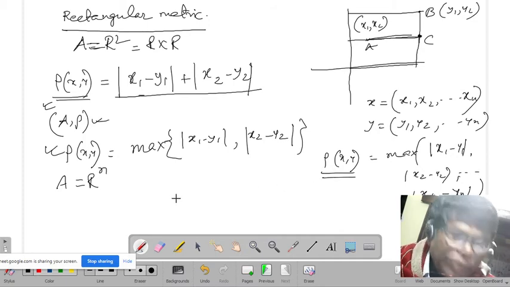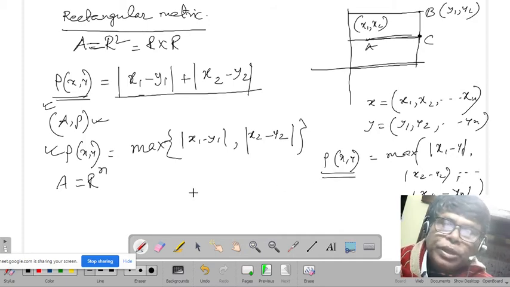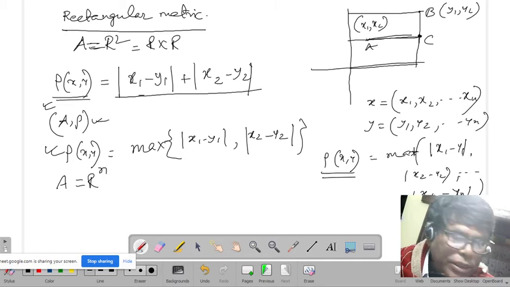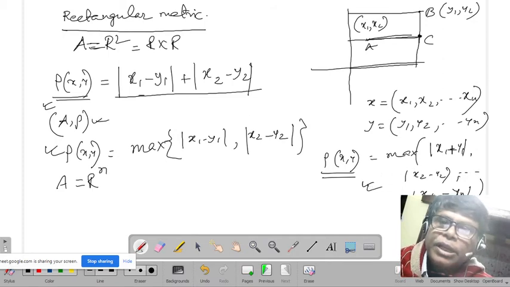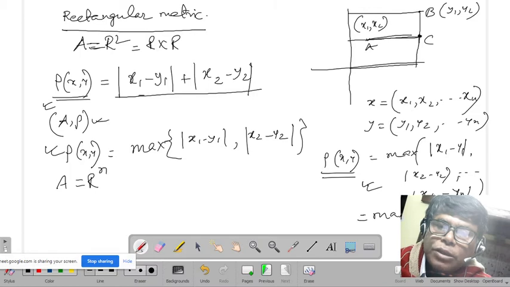But see, you have to prove it. In proving this one, this requires special attention. Remember this part. You can write it in this shorter form: max of modulus xi minus yi, i equal to 1 to n.